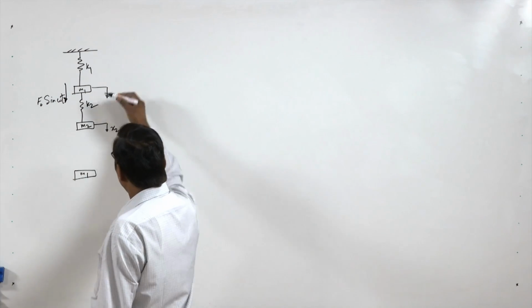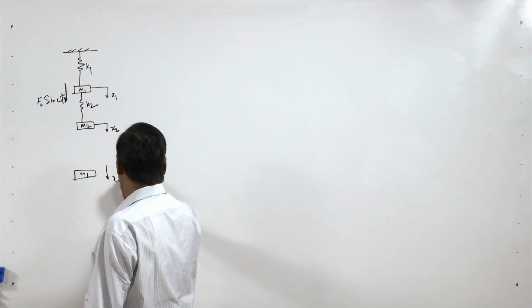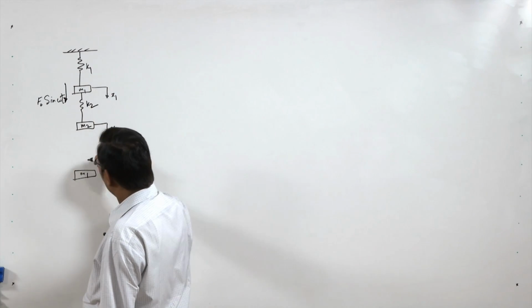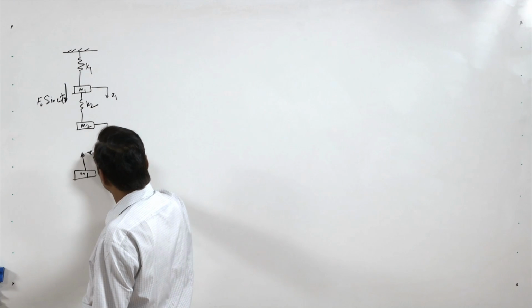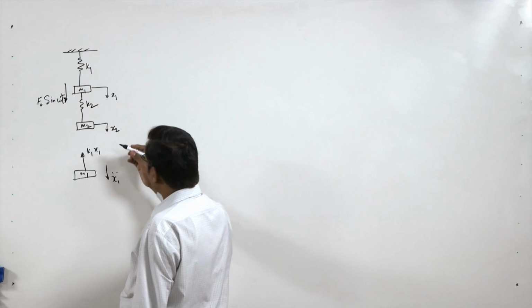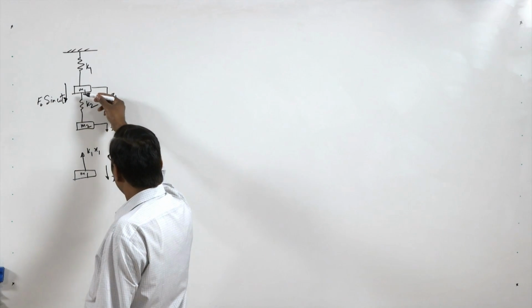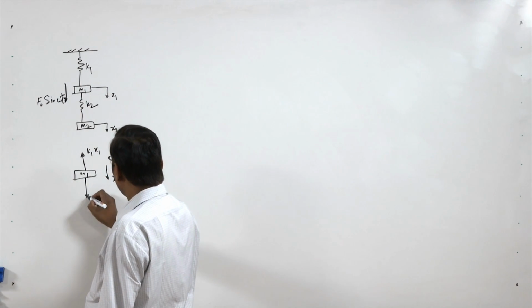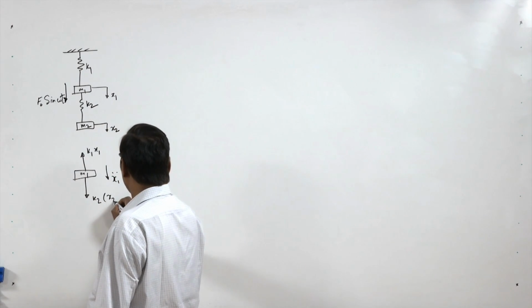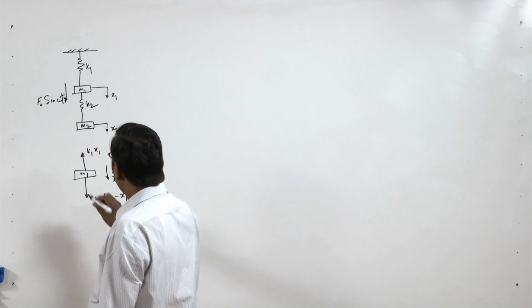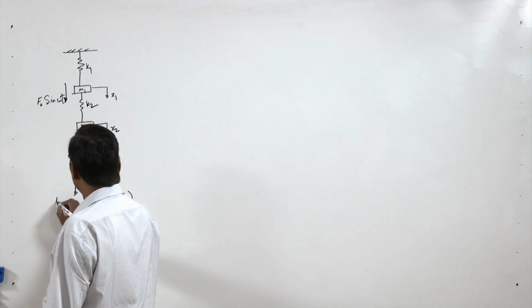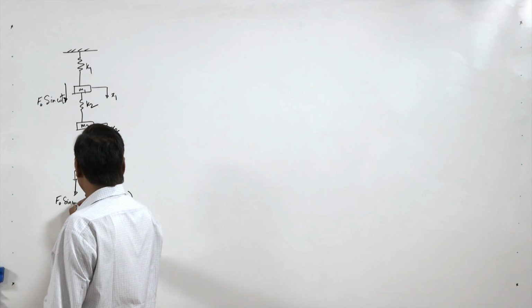When this mass is pulled in this direction, which we assume positive, the spring force works in the opposite direction, that is k1 times x1. Now we assume x2 is greater than x1, so the net force acting on the mass in this direction is due to the spring k2, that is k2 times (x2 minus x1), and there is the harmonic force acting on this system, that is F0 sin omega t.